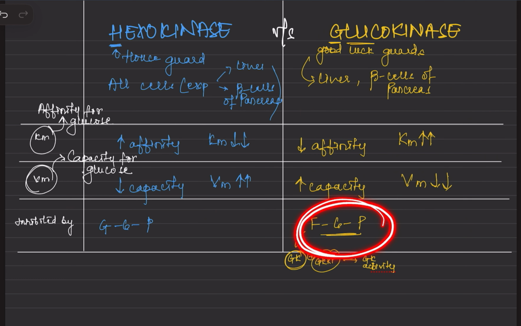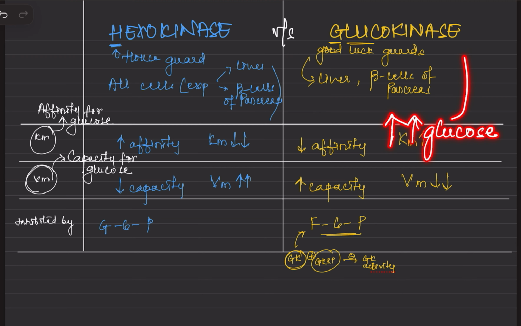Although fructose 6 phosphate will inhibit your glucokinase, this inhibition can be overcome by glucose, because when there is too much glucose rain or there is good luck rain, that's when we need to activate glucokinase.